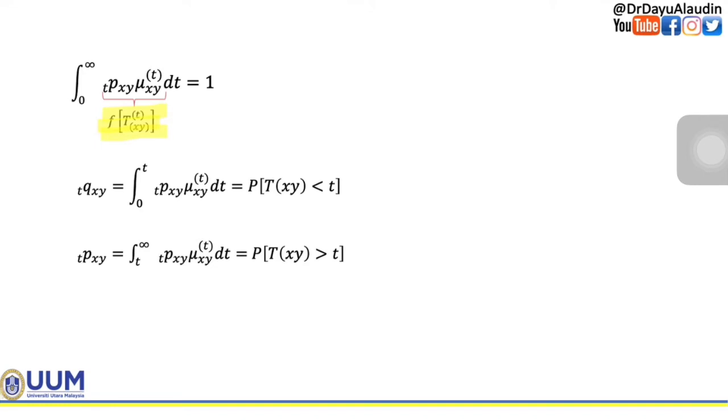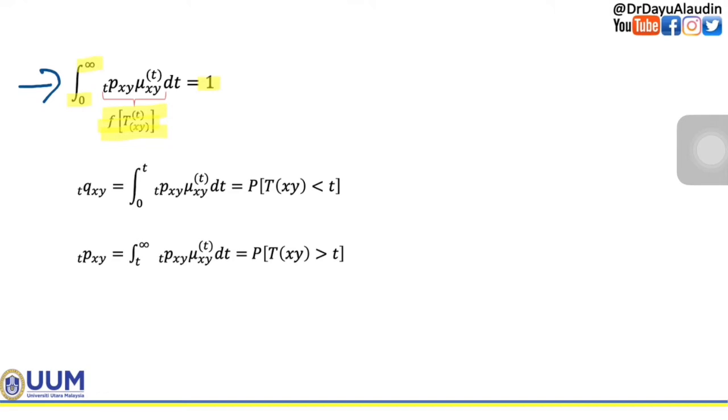This equation is very important, you have to remember it. The integration of the PDF from 0 until infinity is equal to 1. So you have to remember this equation.